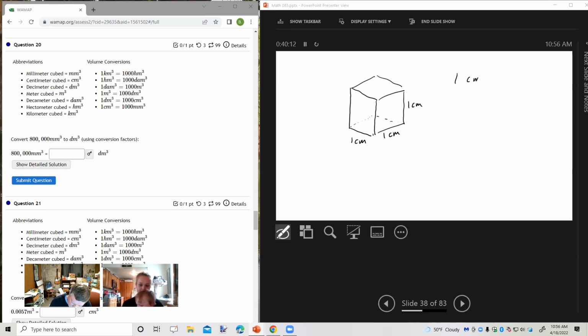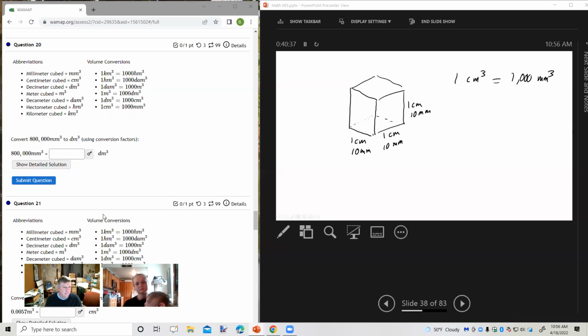So that would be 1 cubic centimeter. But that would be 10 millimeters by 10 millimeters by 10 millimeters. 10 times 10 times 10 is 1,000 cubic millimeters. So with just regular units, it's tens. With squared units, it's hundreds, and with cubic units, it's thousands.